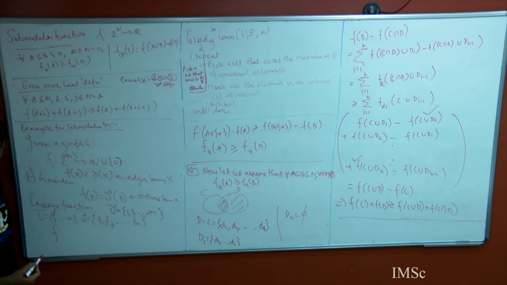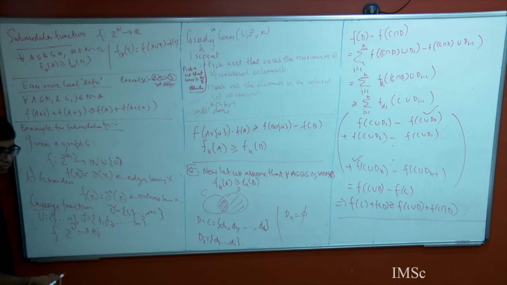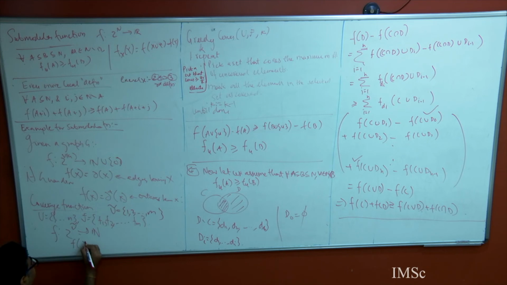What is f of 2 to the U tilde? f of x is the union of i in x of f_i. That's it.